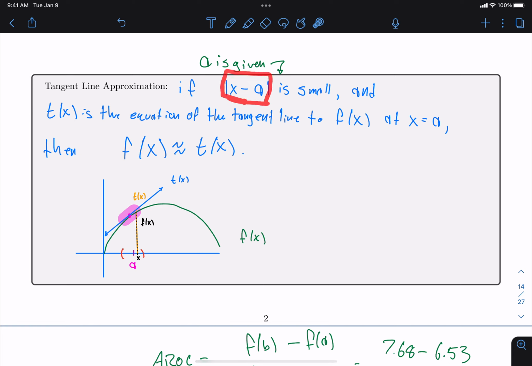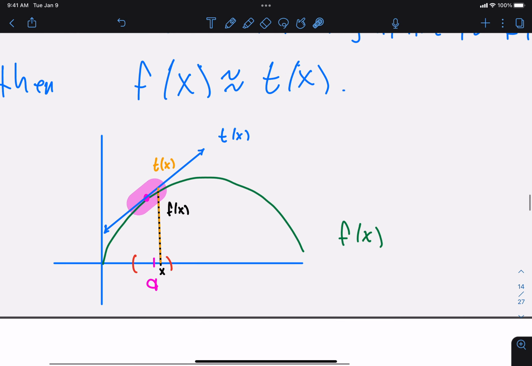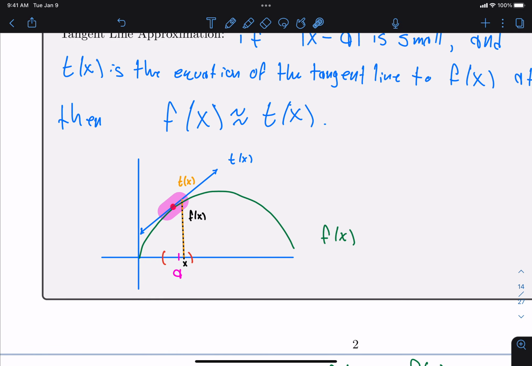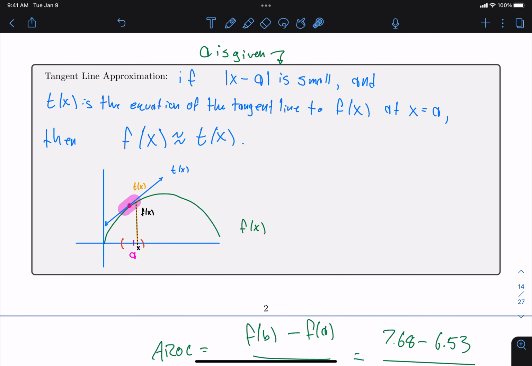If the x value we are choosing, which we are free to choose, is close to the x value which characterizes this tangent line, namely if we're not too far away from the point at which the tangent line touches the function, then the function value is going to be similar to the tangent line value, meaning the height of the tangent line will be similar to the height of the function.